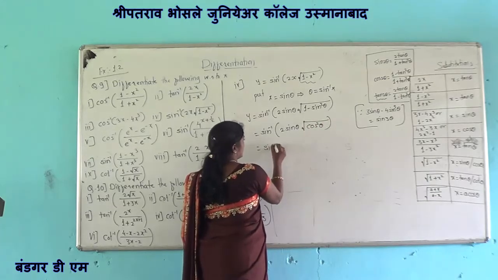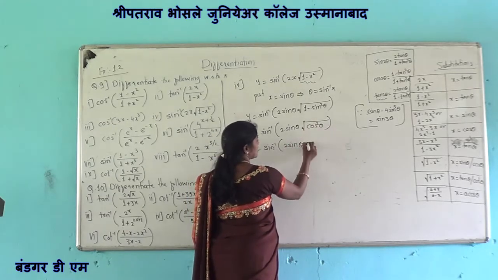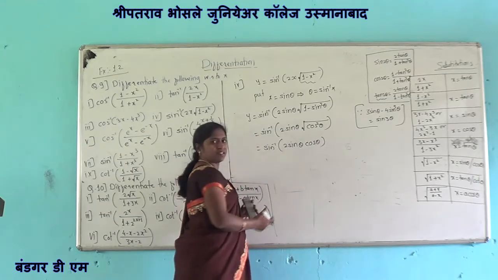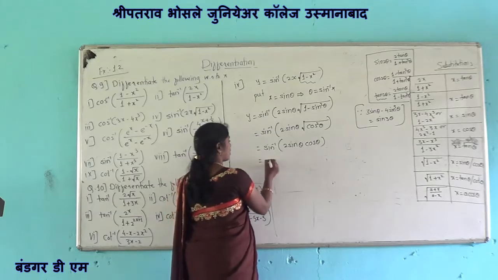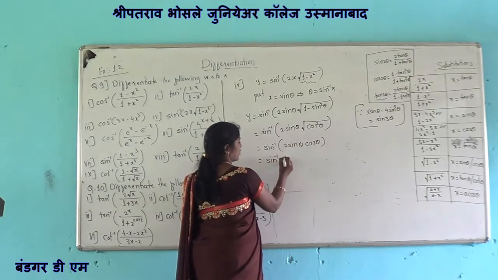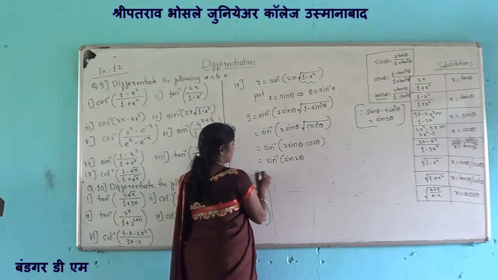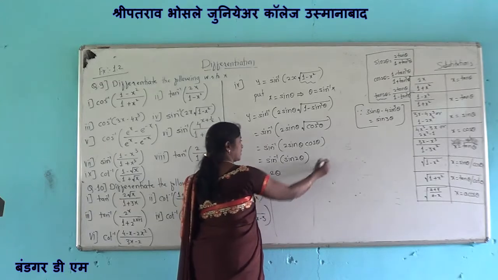So sin inverse of 2 sin theta into cos theta, as the square and square root cancel. Now we have the formula 2 sin theta into cos theta as sin 2 theta. So using the formula, we get sin inverse of sin 2 theta. So y is equal to 2 theta.